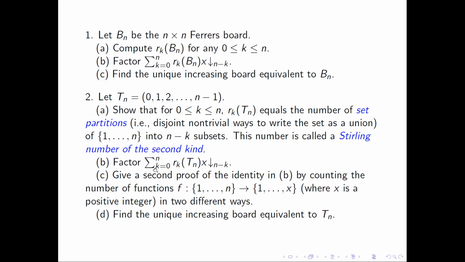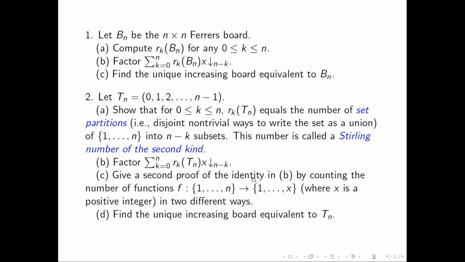Factoring this, again, maybe there's something in the last two lectures that would help. Give another proof of the factorization identity in B, maybe by thinking about the proof of the other one, which, by the way, on the test, you can go back and read through the slides. That's allowed.